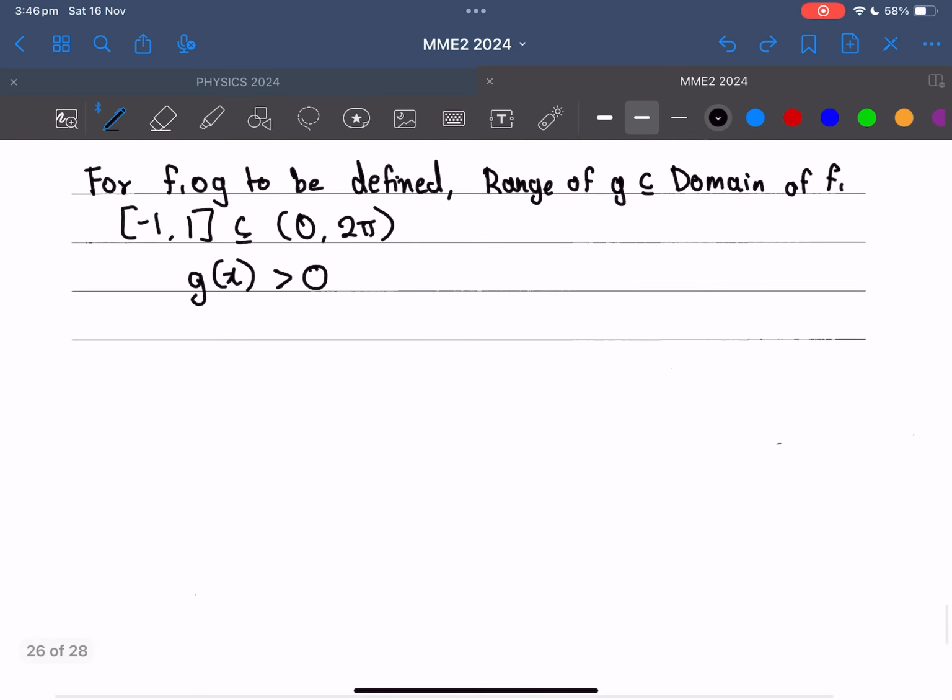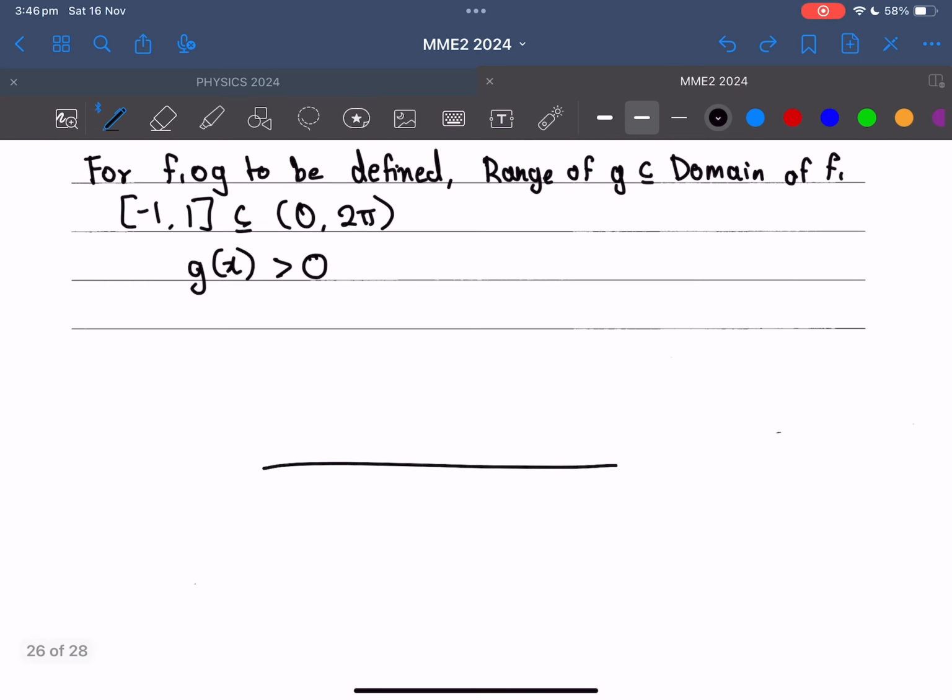So if I were to draw a quick number line again, we'll do -1 to 1 like so, and we got f of x, which is 0 all the way to 2 pi, which is like 6.28.